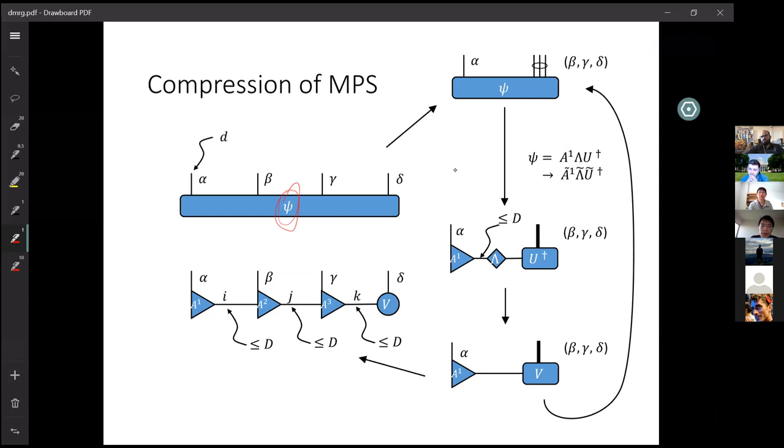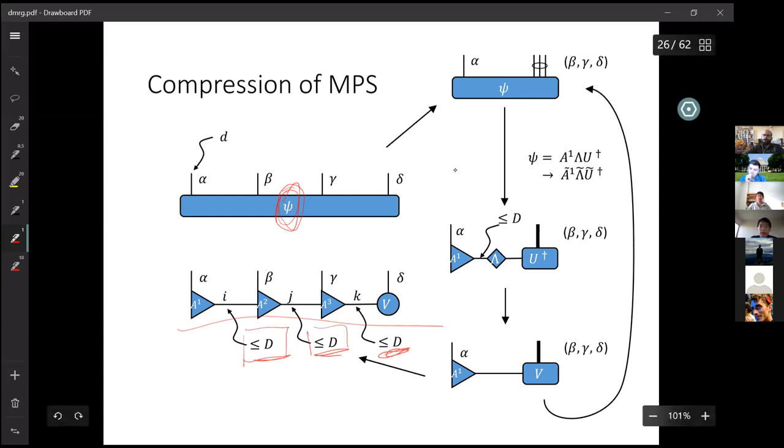And now we also explained how to compress the matrix product state, to restrict the bond dimension to below capital D. So we now combine the two processes, and we can start from any random state and arrive at a matrix product state like this, which is what our computer can deal with, because the bond dimension is finite, and the memory cost of this matrix product state will grow linearly with the system size.